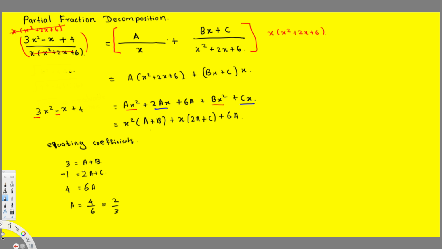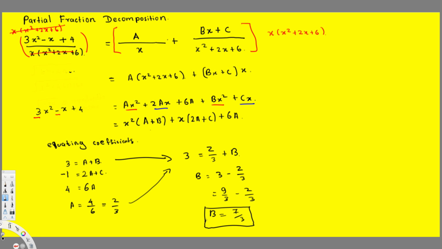If we know a, we can simply find b and c by substituting this value. Let's substitute in the first equation: 3 is equal to a, which we know is 2 by 3, plus b. Therefore b is equal to 3 minus 2 by 3, which is 9 over 3 minus 2 by 3, that is equal to 7 by 3. Now we have to find the c value.